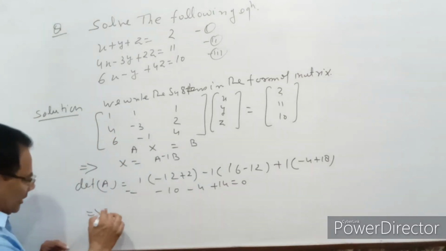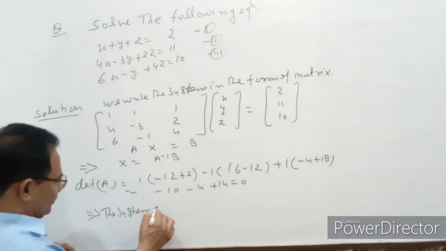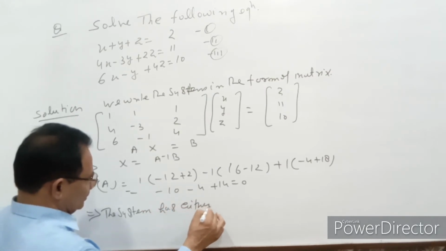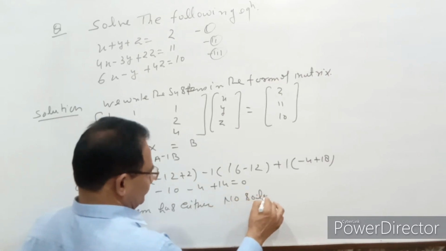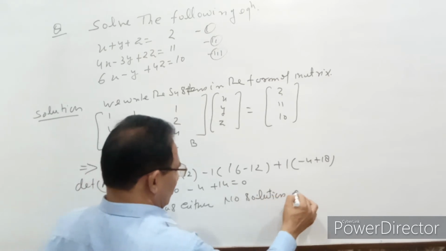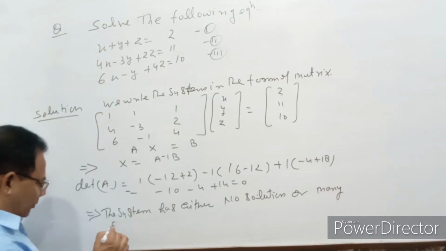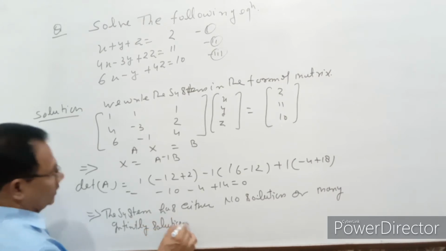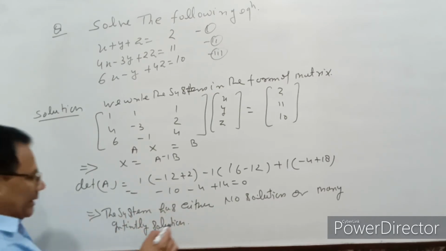This implies that the system has either no solution or infinitely many solutions. See, either has no solution or infinitely many solutions.